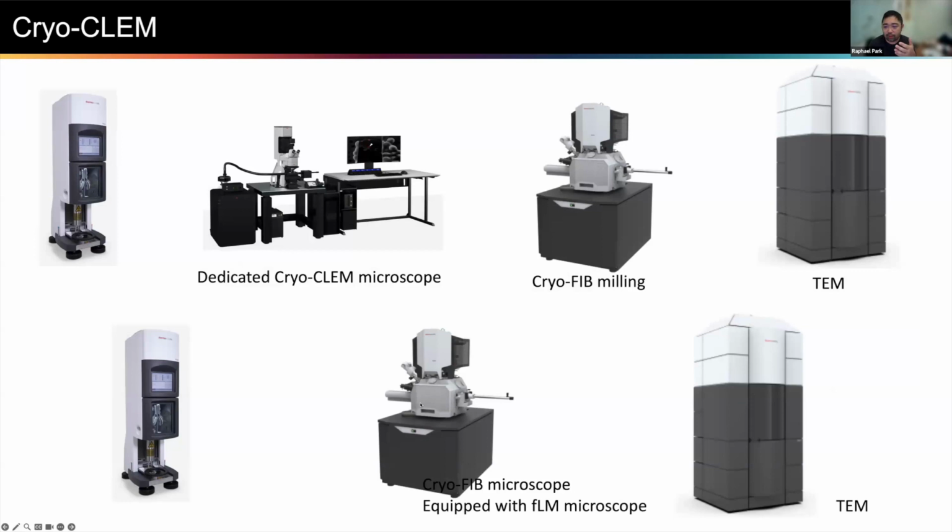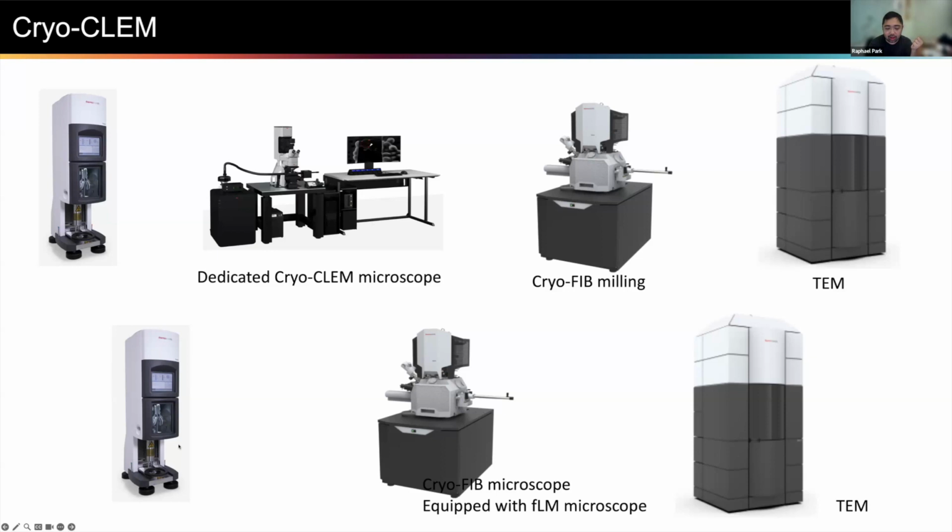So in terms of the workflow, there are two major ways of doing this. The more conventional way is, once you have a sample prepared, it goes into the dedicated cryo-CLEM microscope. Once you get fluorescent images, the sample and the image are imported into the cryo-FIB milling, and then you do a correlation to mill the sample, and it goes into the TEM. Another workflow is that there are some companies that make a camera that can go directly into the FIB milling machine.